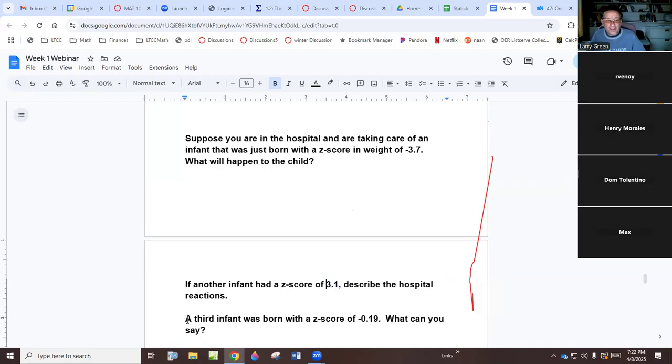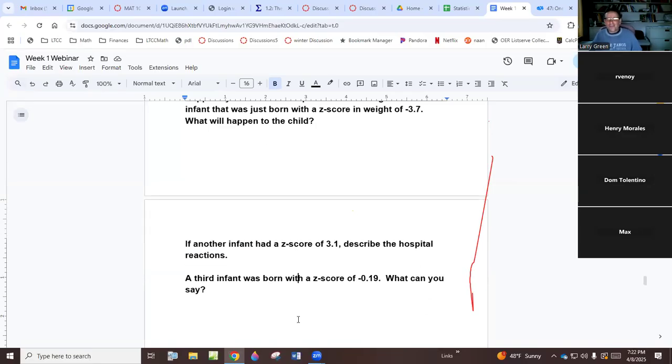Okay, now comes the third infant that's just been born. That third infant had a z-score of negative 1.9. Now what can you say? If the z-score is negative 1.9.